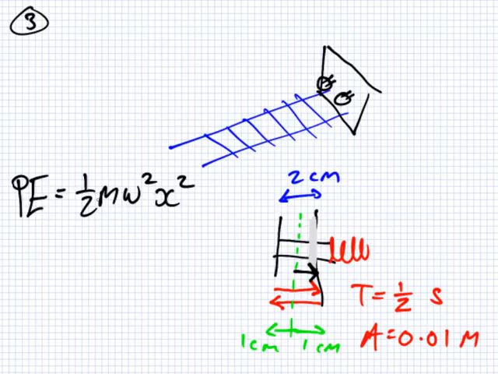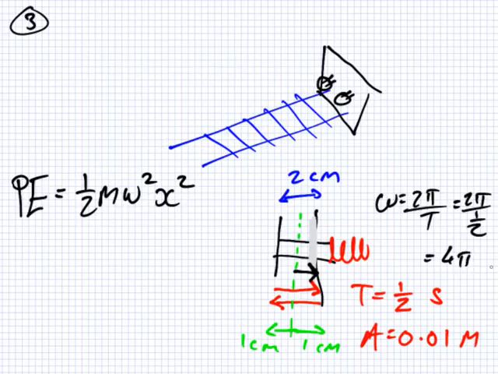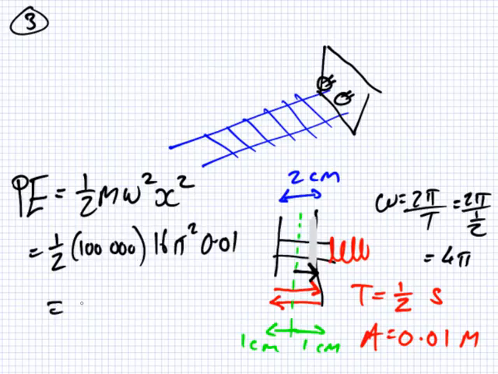Now, we don't know the omega, but the omega is 2 pi over T. So that's equal to 2 pi over a half, so that's equal to 4 pi. So this is a half, 100,000, 16 pi squared, 0.01. So the energy that's stored in the spring should be a lot. But this is not surprising, because it's a big train and a big spring.